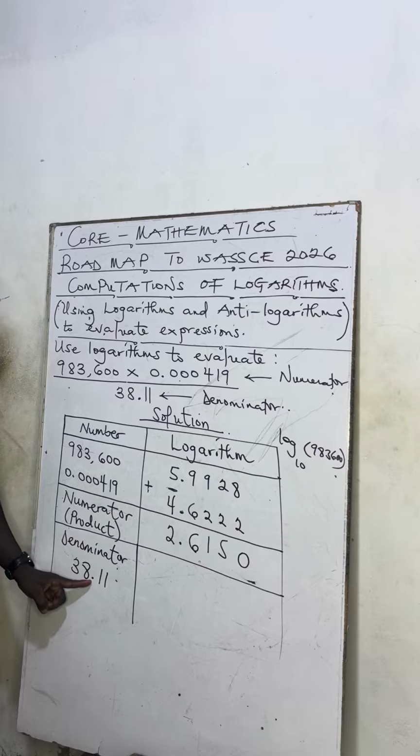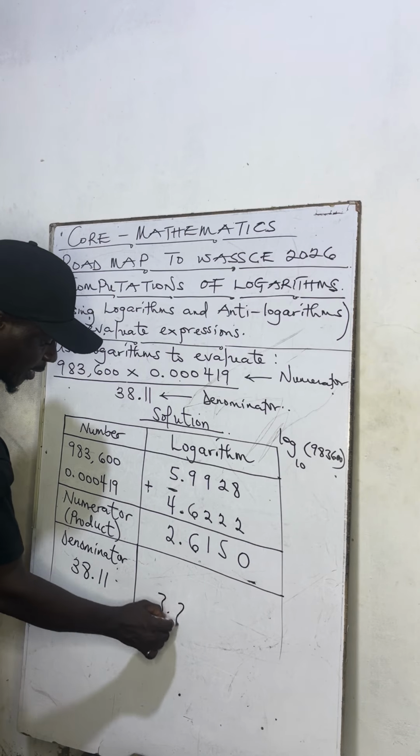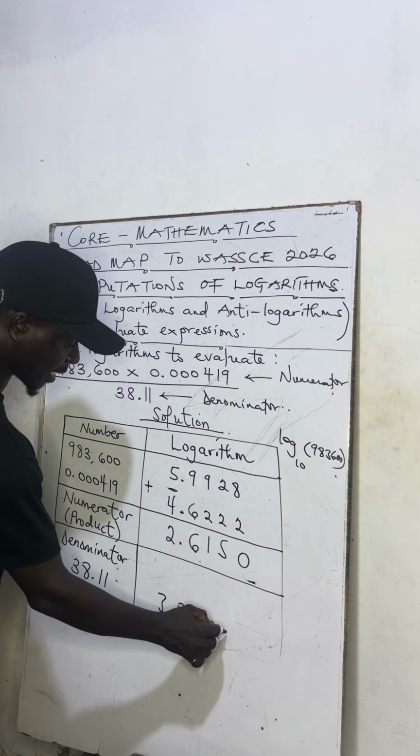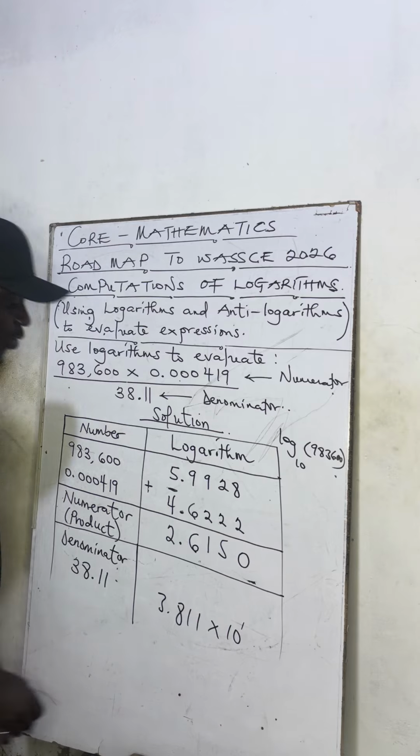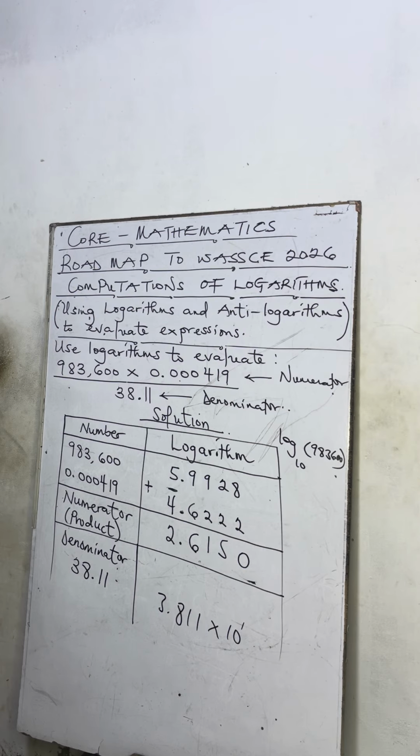When we move the decimal point to the place between 3 and 8, we get 3.811 times 10 exponent 1. Because this number is greater than 1, we can just punch the log of that straightforward.